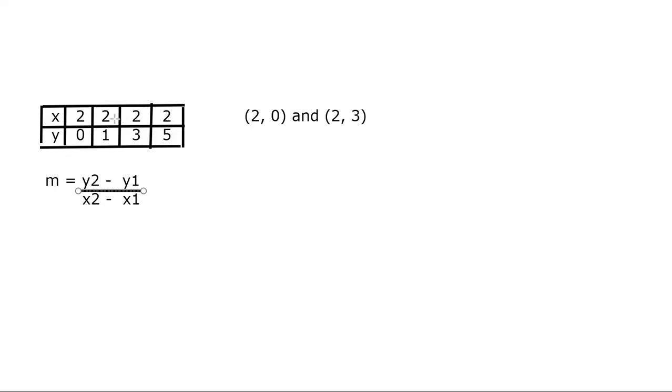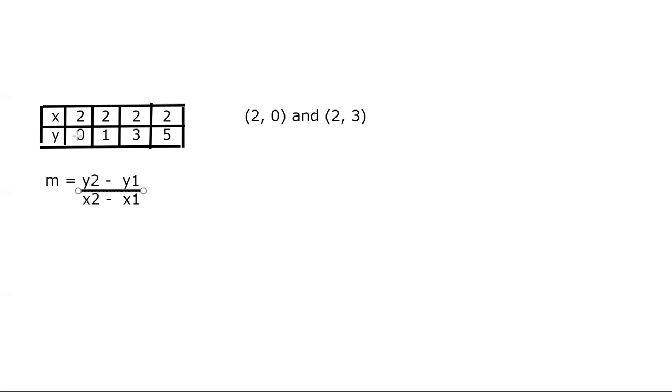Even if you don't have the graph, but you have the table with the points, you can obtain the slope using the same formula, okay? Because from this table, you can take some points. You only need 2 points and you have 1, 2, 3, 4. So you only take 2 points and you can obtain the slope using the same formula.